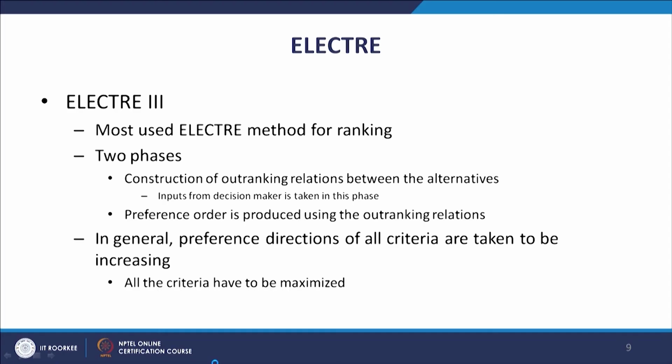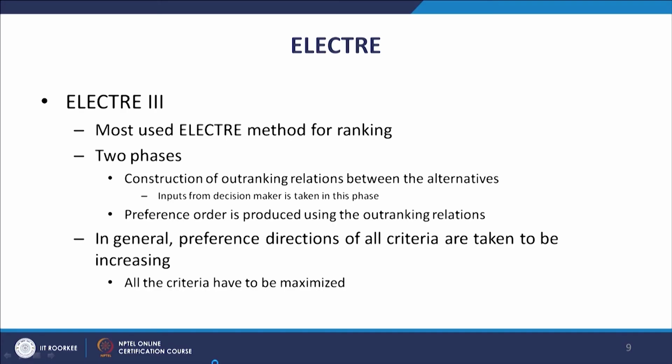Another aspect of this ELECTRE III method, something we have discussed in the previous slides as well, is to avoid the compensation effect among criteria. The related point mentioned here is that the preference directions of all criteria are taken to be increasing. When we do pairwise comparisons of criteria in AHP, there is going to be some sort of compensation, some sort of trade-off.